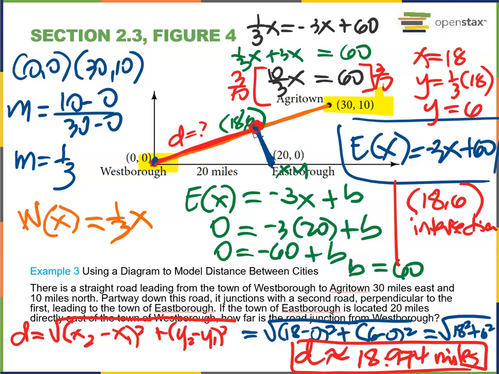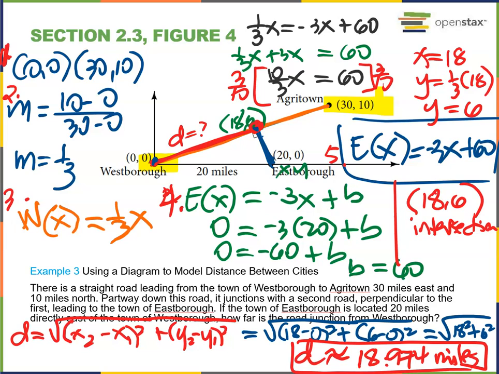Okay, so let's recall. What did we do here? First, identify the coordinate pairs. This is our step number 1. Then step number 2, solve for the slope, and then you will be able to get the equation. And the other one from Eastboro, you get it after you get the y-intercept.